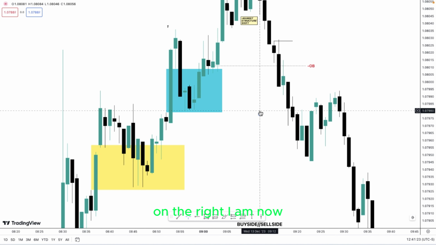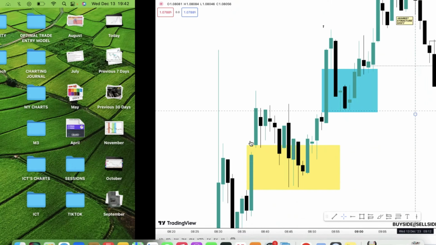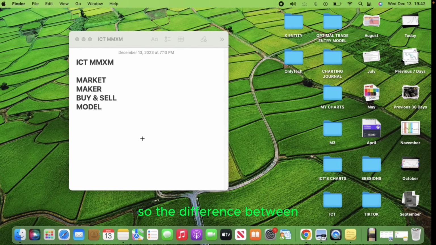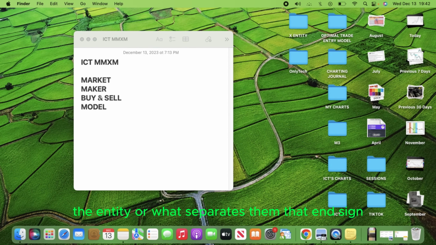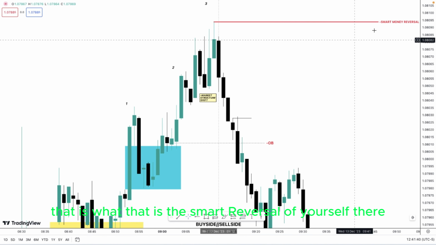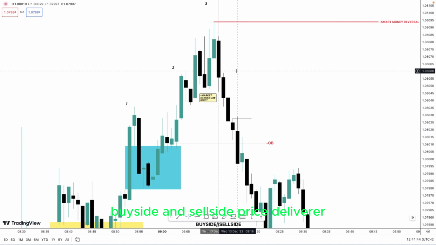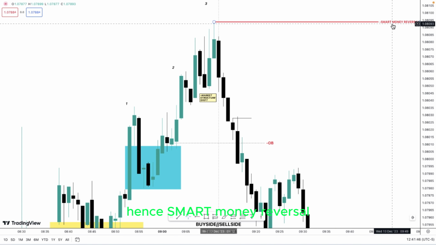On the right, I am now thinking about the ICT sell model. So what separates them, that end sign, if you will, what is that? That is the smart money reversal there. The separation between buy side and sell side price delivery. Hence, smart money reversal.